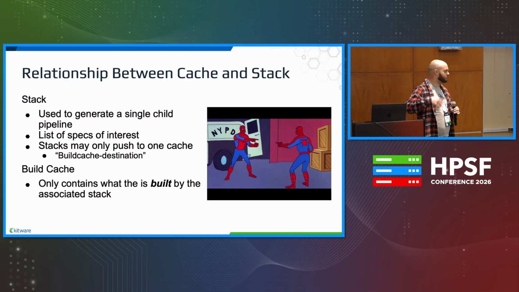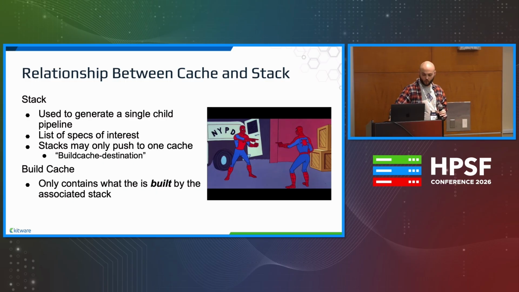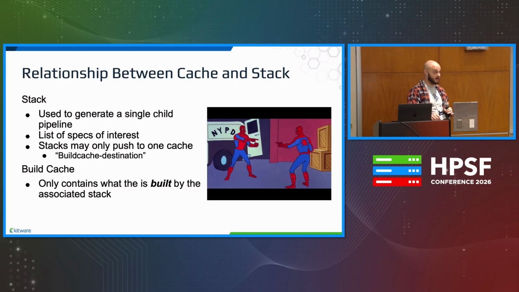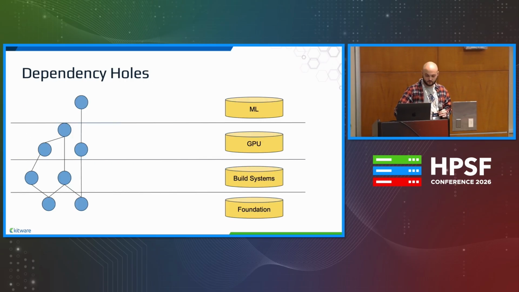But we do allow polling for multiple caches, but that's sort of neither here nor there. We call it build cache destination in CI. And it only contains what's built by that stack when we're talking in the CI context. So that's going to be important.